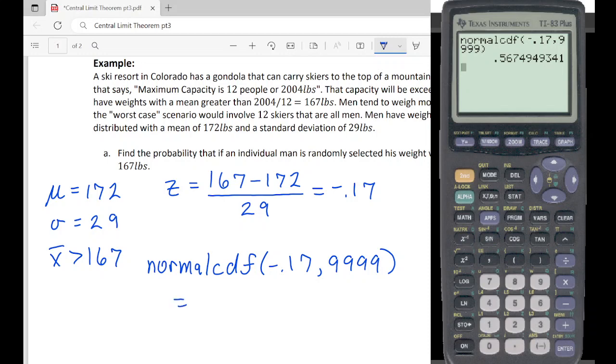So our probability is going to be 0.5675. So this is what we would get for a probability if we were trying to find an individually selected man whose weight is greater than 167 pounds.